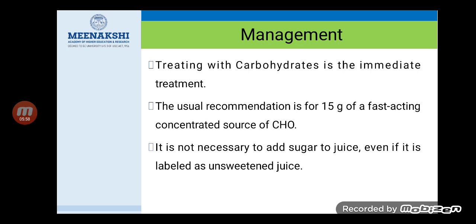If it is still below 70 milligram per deciliter, we can ask the person to have another serving. They can have glucose tablets or simple glucose like sugar or juices, honey or corn syrup, or some candies, some carbohydrate food. If the person is having fruit juices, there is no need to add sugar because the juice is already sweetened.